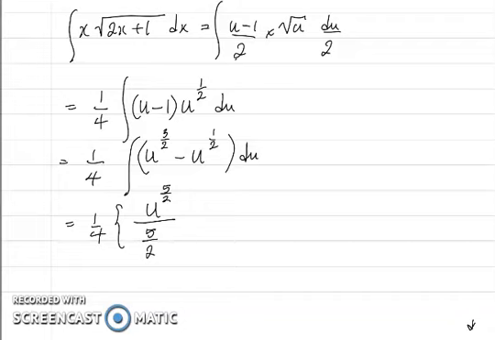Again, if I increase the power by 1, it becomes 3 over 2 plus 1, and remember that 1 is the same as 2 over 2. So 3 over 2 plus 2 over 2 is 5 over 2. Minus u to the 3 over 2 divided by the new power, which is 3 over 2. And this, of course, plus c, which is the constant of integration.